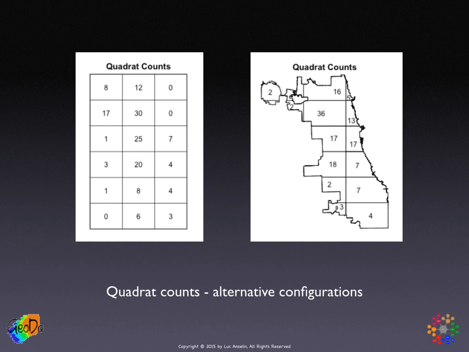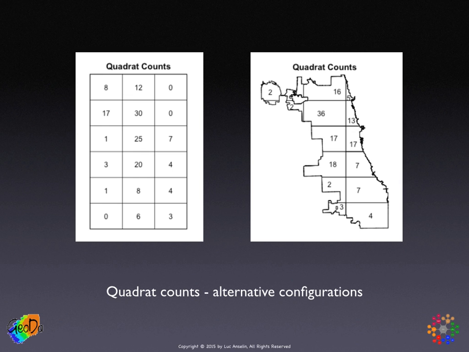On the right-hand side, we take a slightly more complicated approach where we superimpose the grid cells on the actual physical boundary of the city. And then again, in each of the resulting polygons, we count the number of points. And so this reflects the unevenness of the distribution of the points.